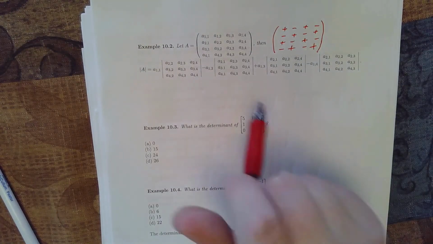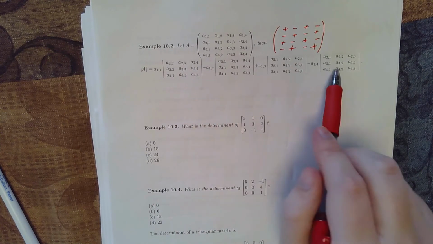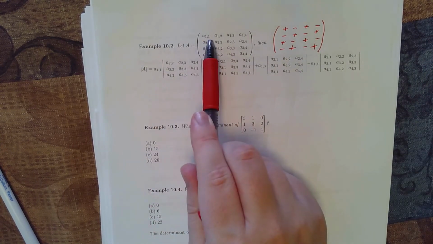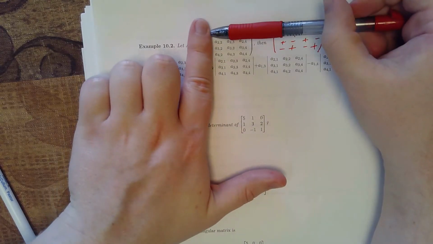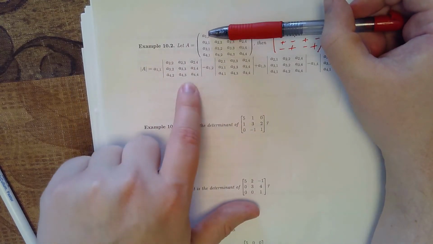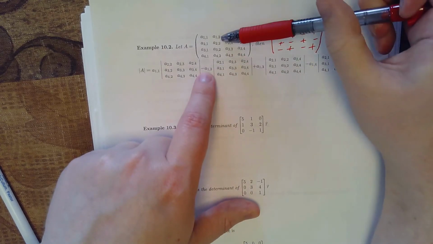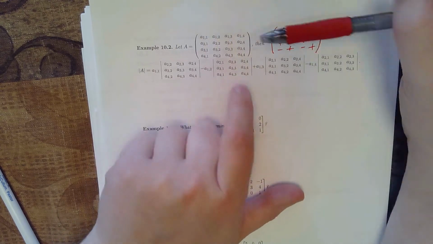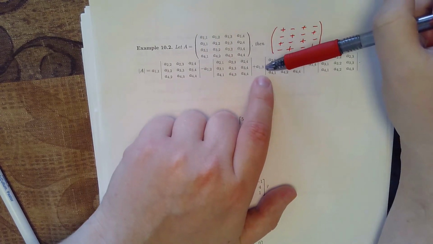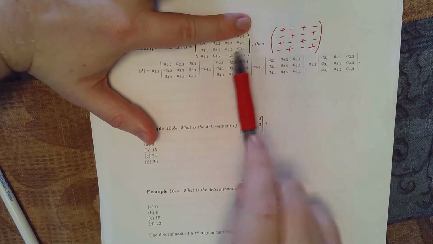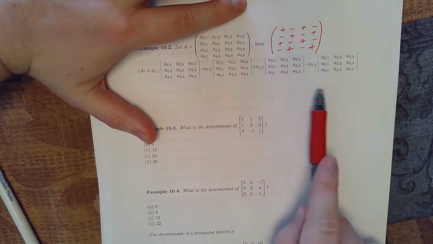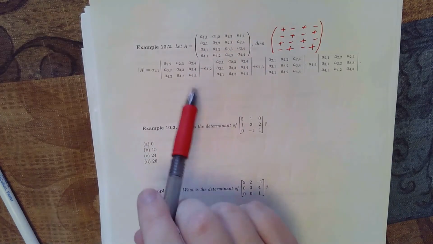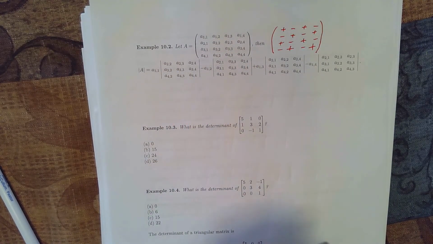And so if we did a cofactor expansion along the first row for simplicity, then we would take A11 times the matrix we got by removing that, which would be this matrix right here, minus A12 times the matrix we get by removing that row and column, which would be this one, plus A13 times the matrix we get by removing that row and column, plus or minus A14 times the matrix we get by removing that row and column. But then we'd have to calculate each of these 3x3 determinants.